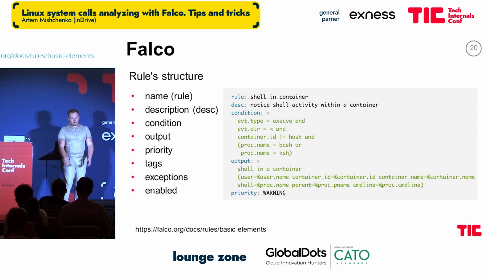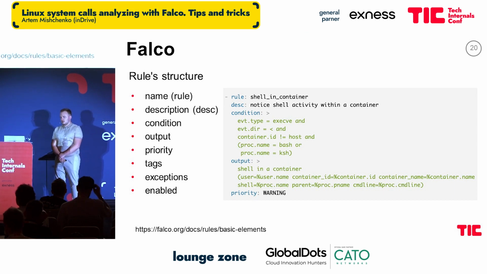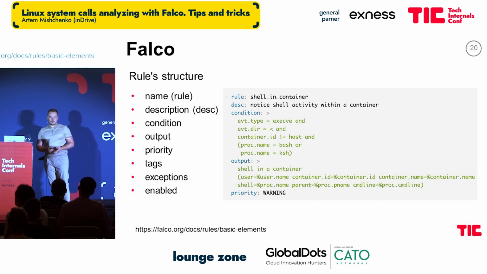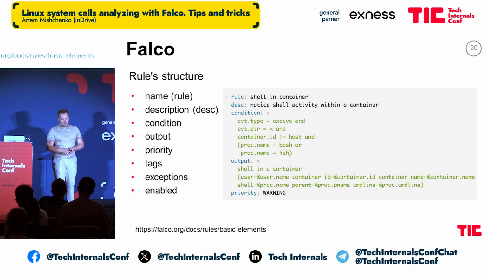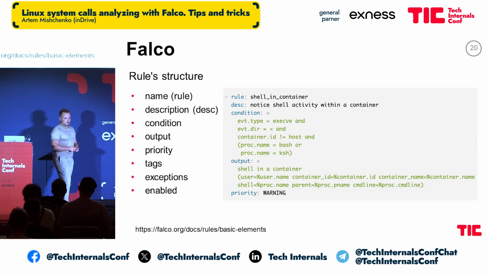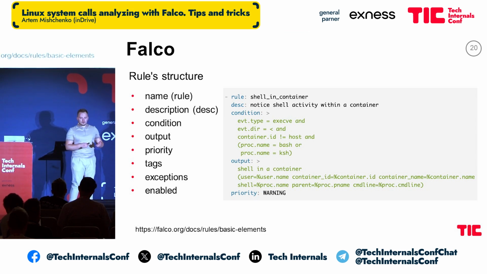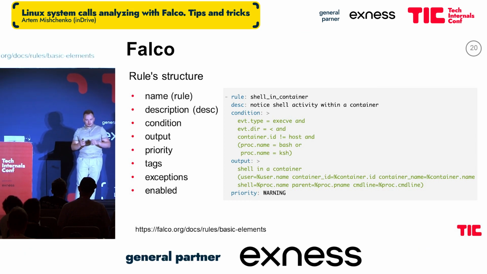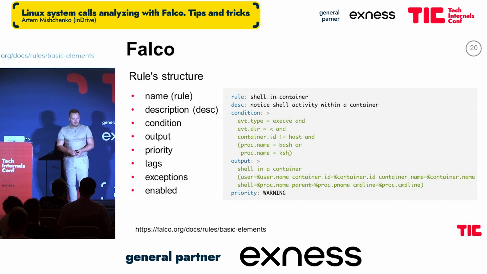Another cool concept in Falco rules is the ability to use macros and lists. A macro is just a part of your condition. It's a reusable part, which makes your condition rules shorter and maybe easier to understand.